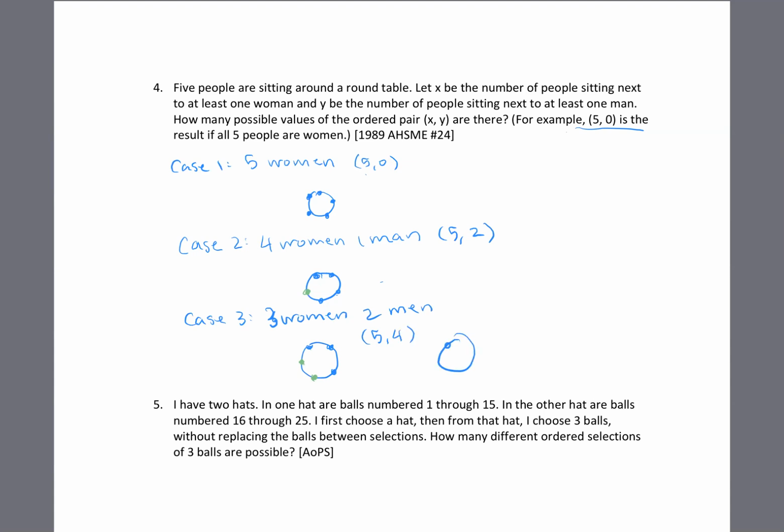However, we can also have the men seated apart from each other, like this. Here, the people seated next to a woman are only 4, because the woman sitting between the 2 men doesn't sit next to a woman. And the people seated next to a man are 1, 2, 3. Only the women are seated next to the men, because the men are surrounded by women.